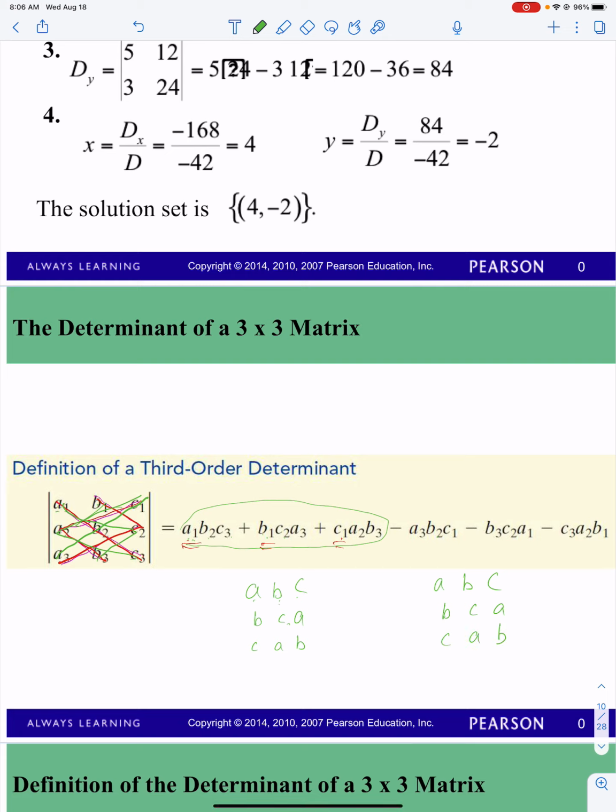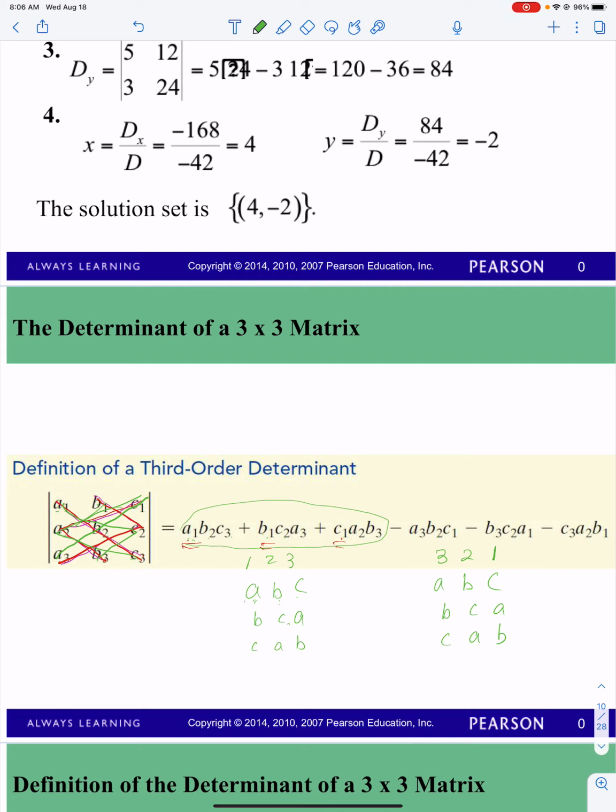But here the numbers are always 1, 2, 3, while for the negative terms the numbers are 3, 2, 1. So this is how you remember: it's A, B, C, B, C, A, continuing like rotating.